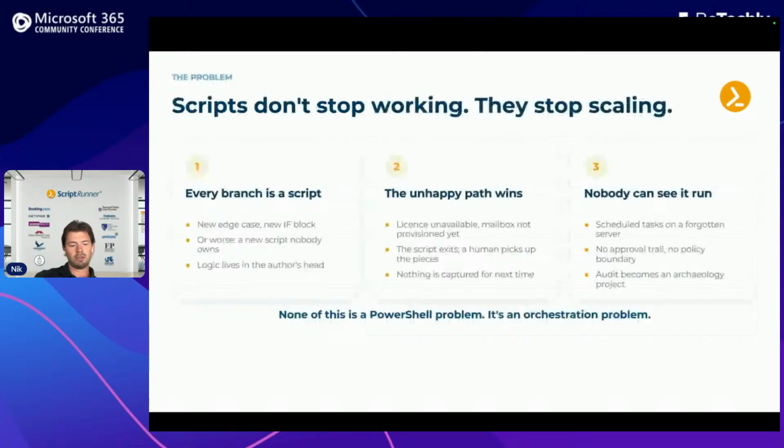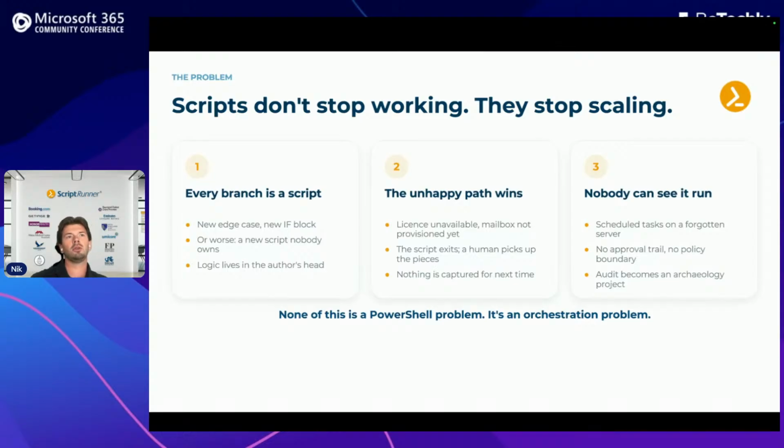So let's first discuss the three things that make your scripts and in general your automation stop working. The reason number one is what I call every branch is a script. What it means is you deliver nice automation, let's say onboarding of a new employee, everything is working fine, but a couple of weeks later, you have a new case where, let's say you want to onboard a contractor, and the contractor doesn't need, let's say, an Exchange email, right?